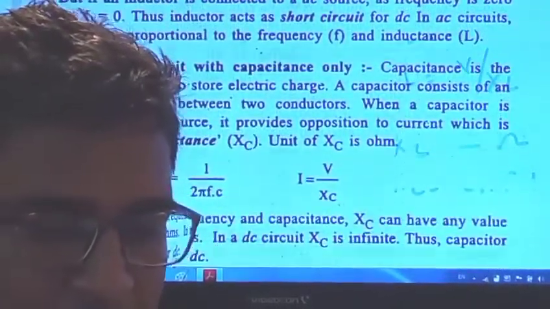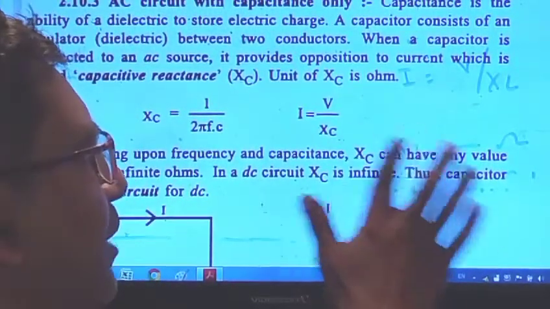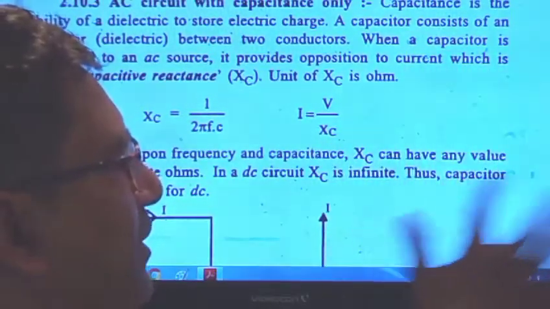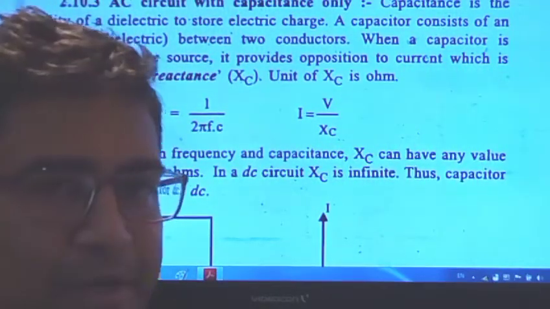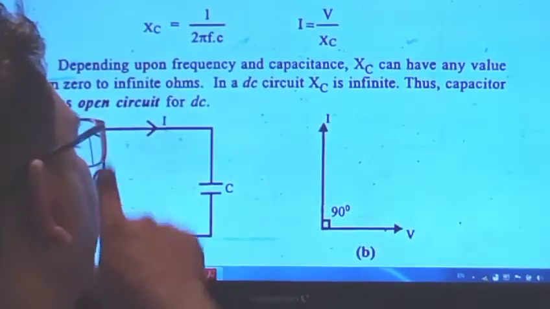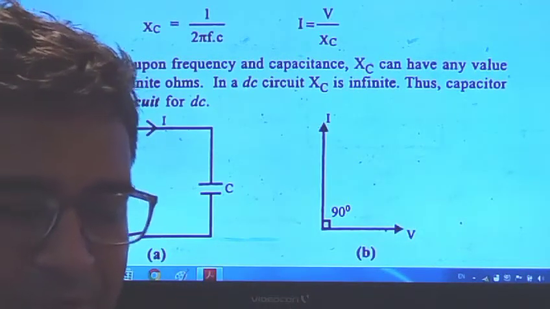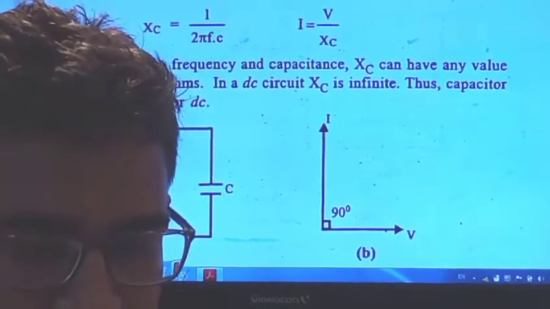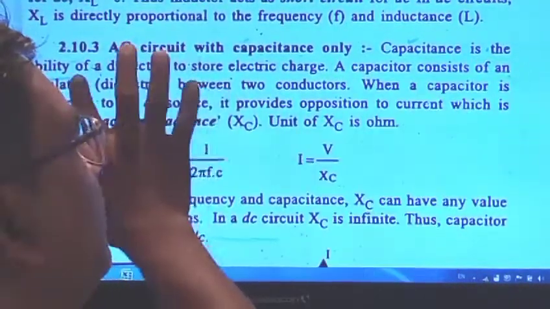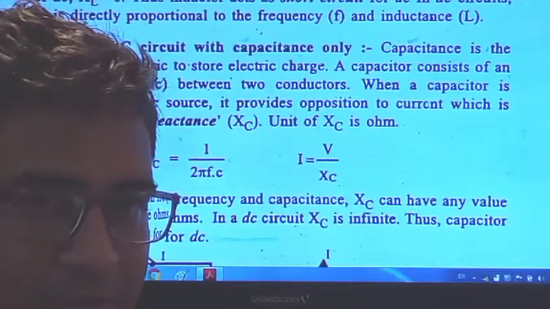Then we come to the AC circuit with the capacitance. Now we have studied the resistance, we have studied the inductor. Now the capacitor, instead of using the resistor or an inductor, we are going to connect the capacitor like this. The voltage source is connected with the capacitor. The capacitance has the ability to store electric charges. It is an important part of the circuit.